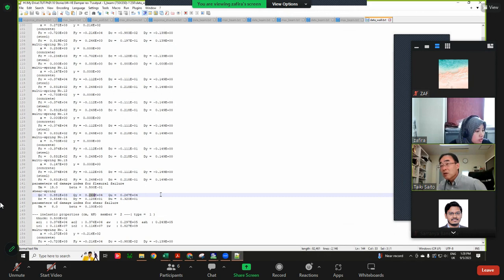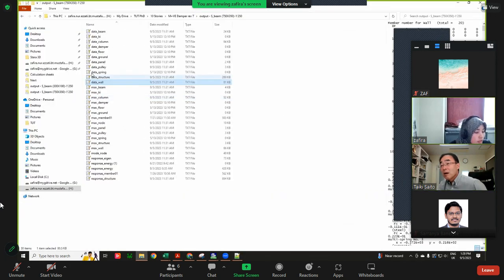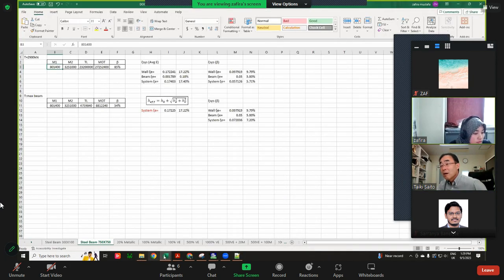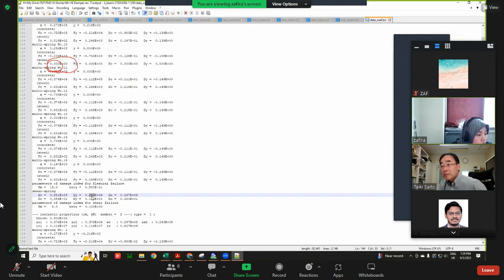Could you go back to the Excel file? No, my question is this one. This is the moment of the shear wall, right? Yes, moment of shear wall. So the moment of shear wall we can take from the data wall. Data wall, but I couldn't find this value. Data wall only has QY. So how did you get MY?